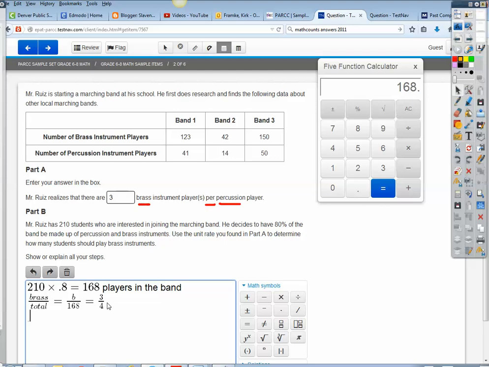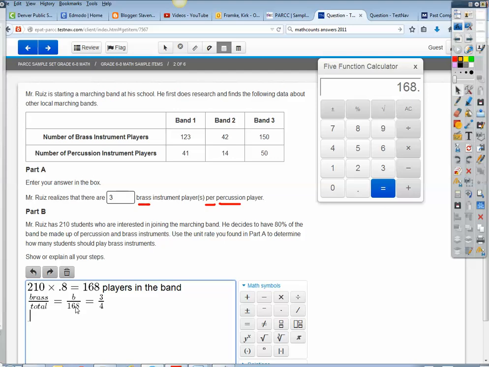4 times 42, actually let's just do it this way. Let's say I'm looking for a scale factor. What did I multiply 4 by to get 168? Well, for me to do that, I would have to work backwards.